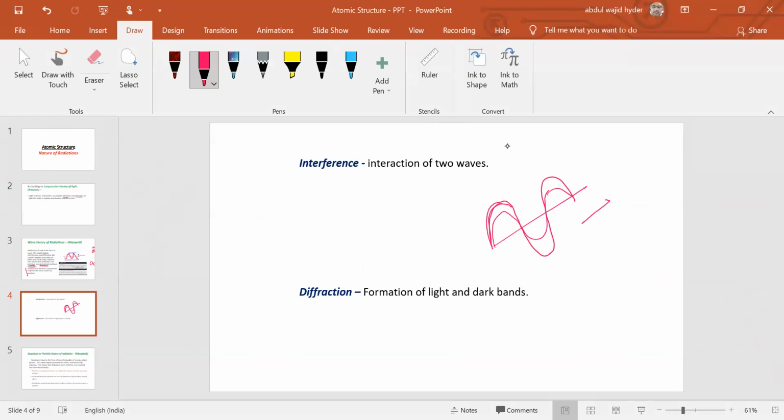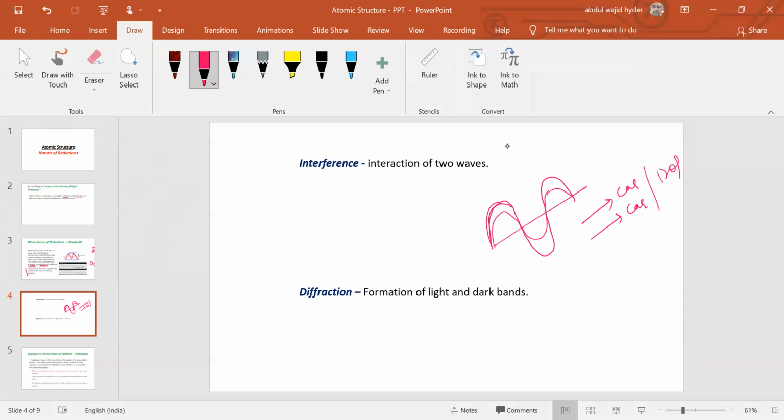See, in this direction your car is moving, another car is also moving in the same direction. That is Doppler's effect.